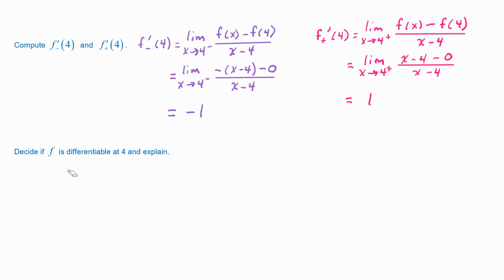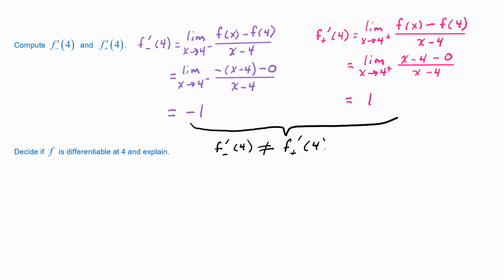So now we have to decide if f is differentiable at 4 and explain. Now what we discovered here was that the derivative from the left at 4 was not equal to the derivative from the right at 4. Therefore, f is not differentiable at x equals 4.